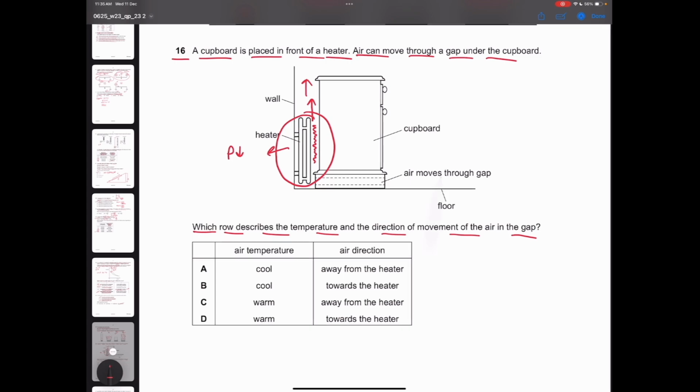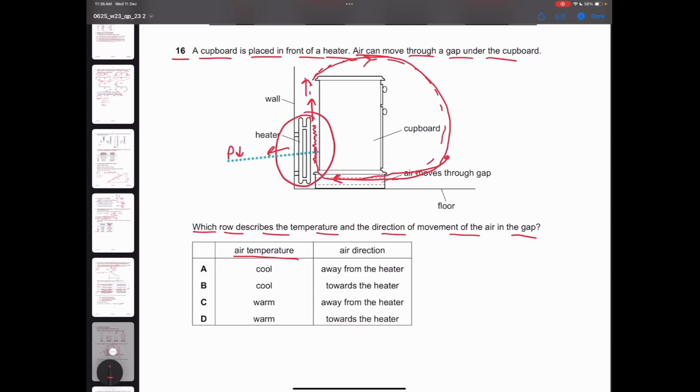So then the air from here will enter this cupboard like this, and now you can get an idea how convection current will work here. The hotter air goes up, then is recycled here, then it again goes below the cupboard, then again it gets hotter, then the cycle repeats. So air temperature will be warm.